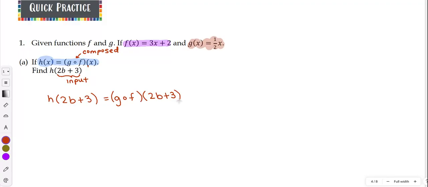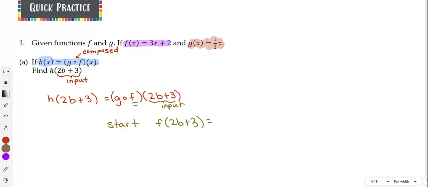With composition of functions, we start with the function that is closest to the input. So here's my input. The function that is closest to that input is function f. So I start with the f function, input this 2b plus 3 into function f.